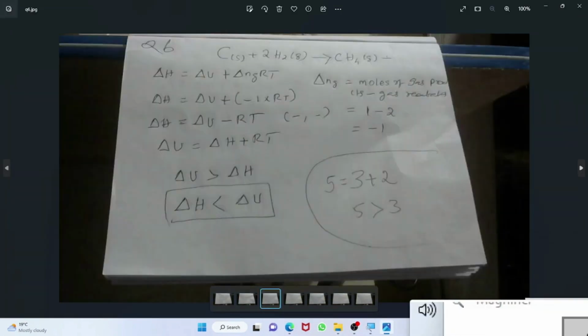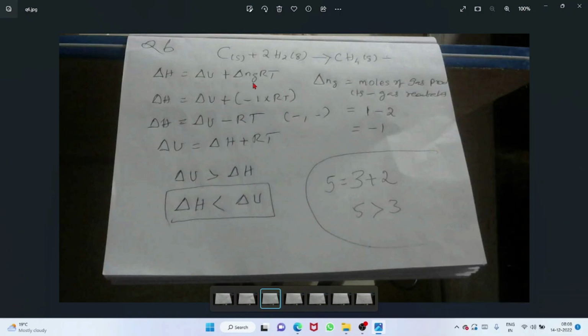See, this is the chemical equation for the formation of the CH4, and we have delta H equal to delta U plus delta Ng RT.